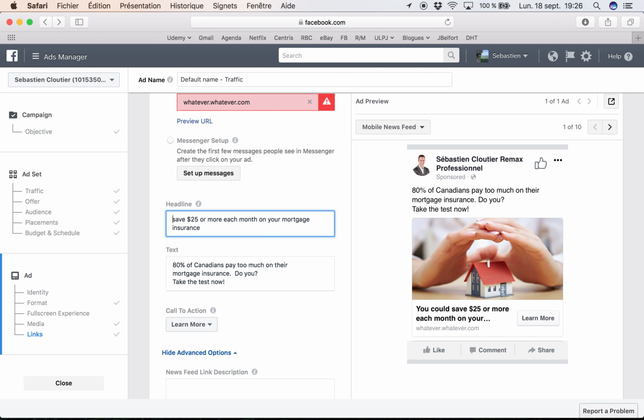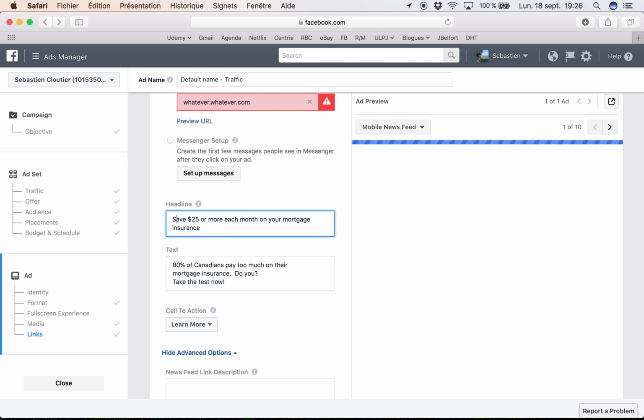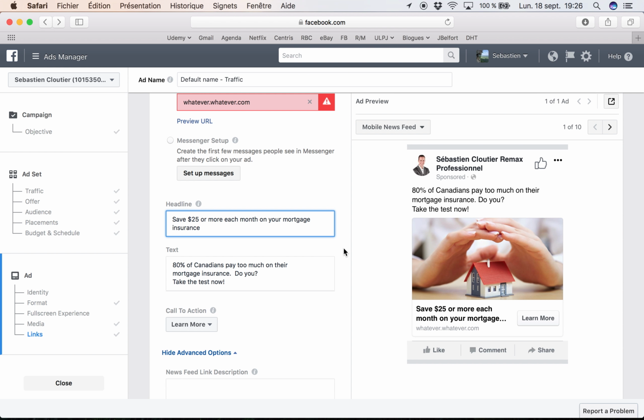Maybe I could just say save $25 or more, but it doesn't mean they're going to save $25 or more every single time. If you have something else that is more clever or better, because the other sentence works, I'll let you figure that one out, but you get the point.